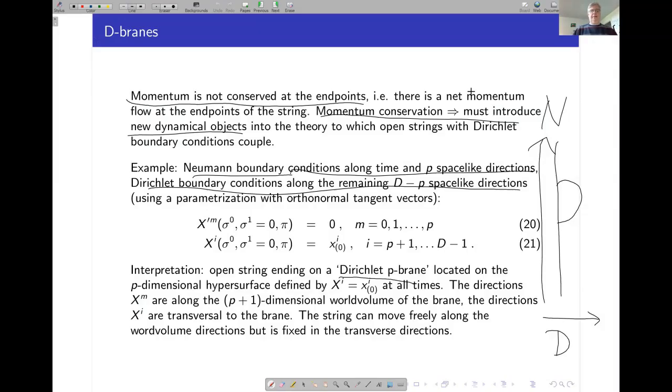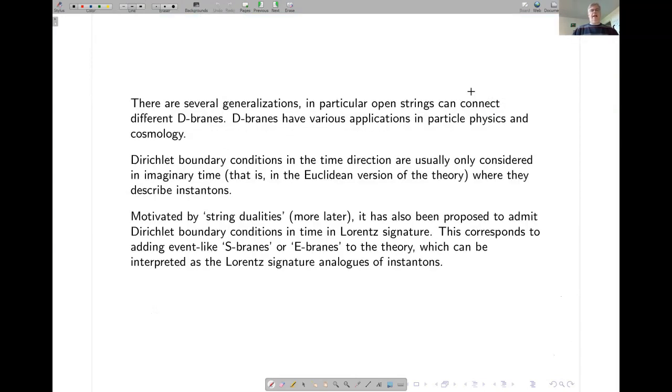Okay, let's return to the slide. That was, I think, what I wanted to say about D branes at this point. Yeah, there's one further question that one might ask, namely, does it make sense to impose Dirichlet boundary conditions in time? At first, it doesn't make sense because it would mean that there's a kind of D brane which only exists at one moment or one instant of time.